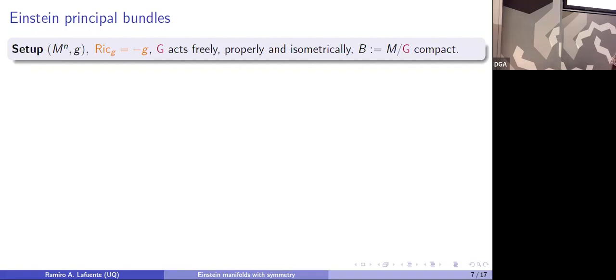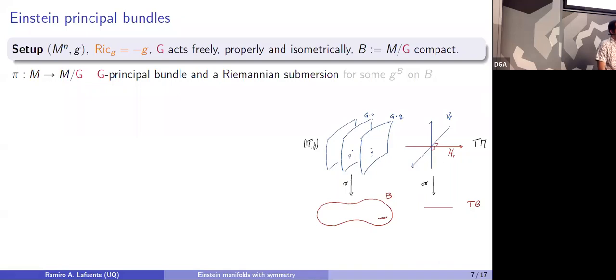Well, in this case, the quotient is a manifold because I'm assuming that the action is free. And so that's the setup. And this is a G principal bundle. And then we have what's called the Riemannian submersion, right? So the metric on M, because it's G invariant, induces a metric on the quotient, the so-called quotient metric.